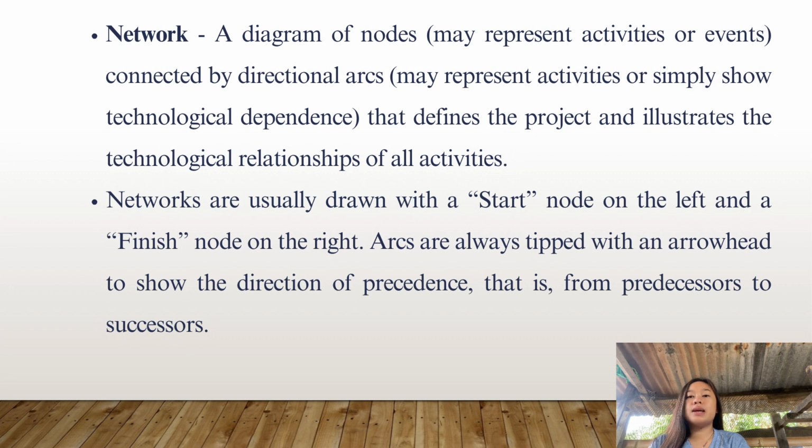Arcs are always tipped with an arrowhead to show the direction of precedence, that is, from the predecessors to the successors. A network in project management is a diagram of nodes connected by directional arcs, showing the flow and dependencies of activities. It typically starts with a start node on the left, ends with a finish node on the right, and uses arrowheads on arcs to indicate task precedence.